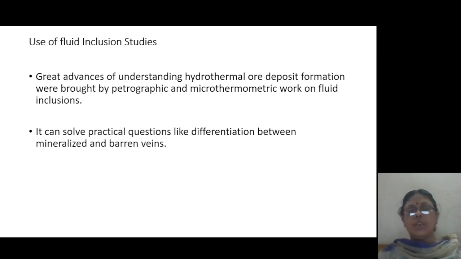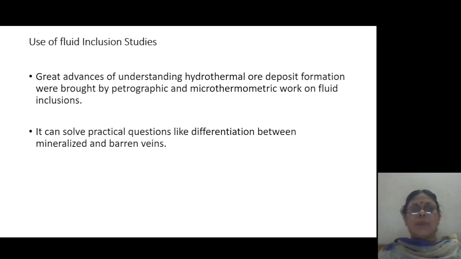Petrographic studies are done under a microscope, microthermometric refers to temperature of fluid inclusions. Obviously, fluid inclusions being so small, we need microscopes with special attachments, accessories, so that temperature can be studied. So microthermometric work on fluid inclusions can be done, and great advances have been made in this field.